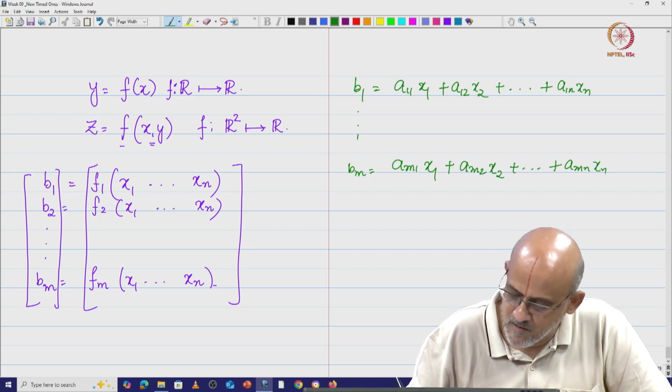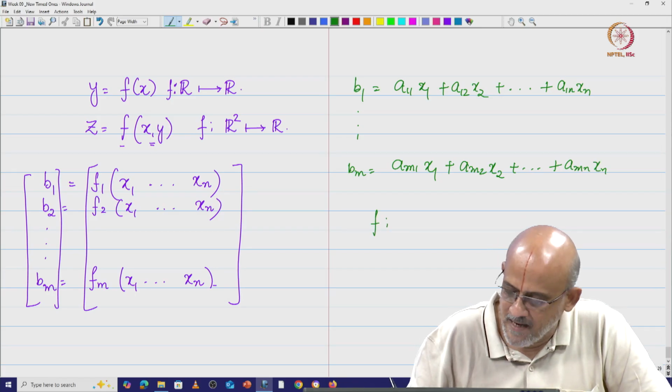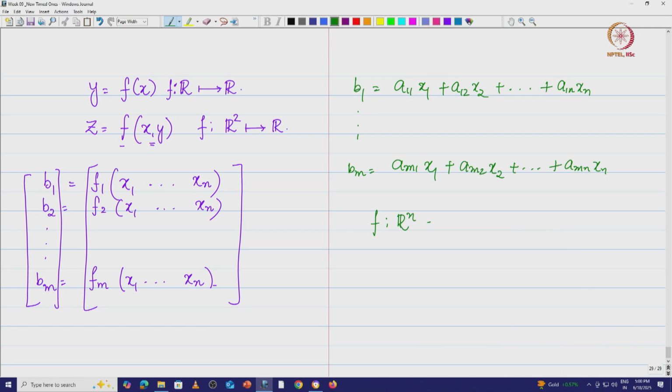That is basically capturing Ax is equal to b. So what is this going to do? This function is going to map Rn to Rm. A function which maps Rn to Rm, we did in the second week of this course. That is basically a linear transformation, right. We looked at linear transformations.